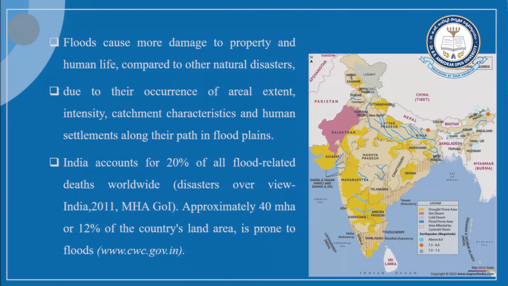India accounts for about 20% of all flood related deaths worldwide. Approximately 40 million hectares or 12% of the country's geographical land area is prone to floods. The Brahmaputra and Gangetic river basins of India account for 60% of total river flow, and those with the highest risk are vulnerable to flooding.